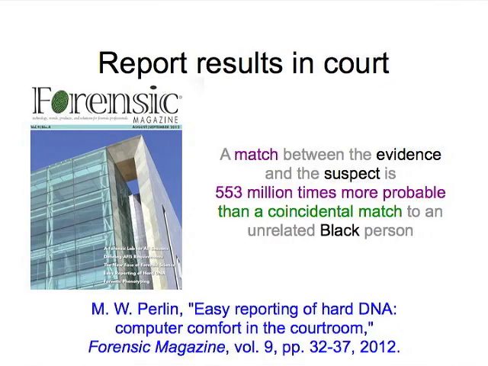And there are many ways to describe a likelihood ratio, and they all have different English phrases corresponding to different formulas. The formulas all give you the same number, but this is a way of phrasing a match statistic that juries, certainly in America, find understandable. And it goes like this: a match between the evidence and the suspect is 500 million times more probable than a coincidental match.